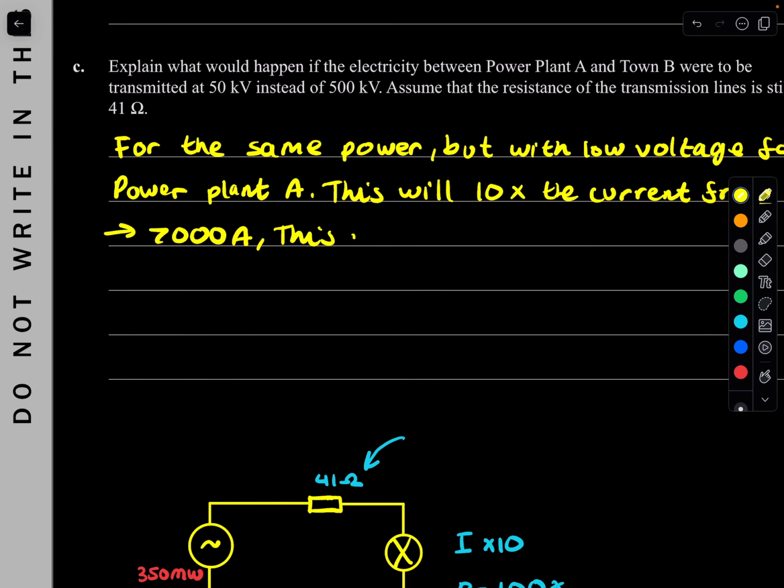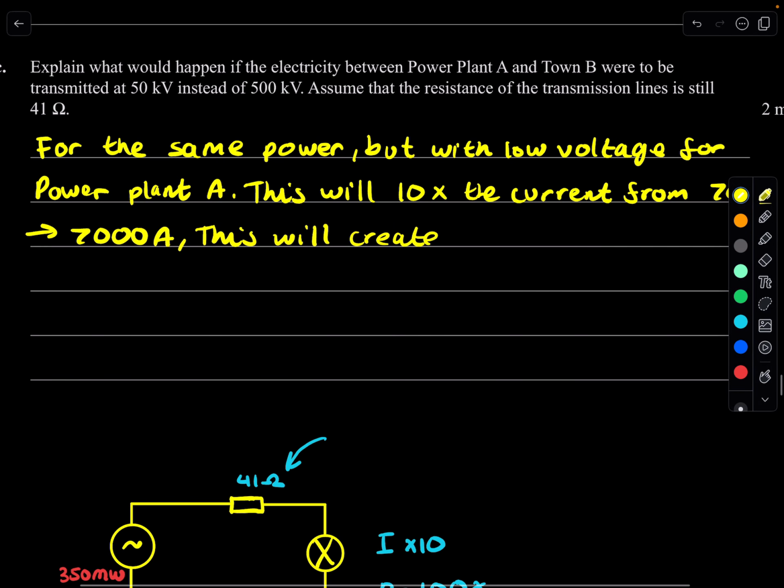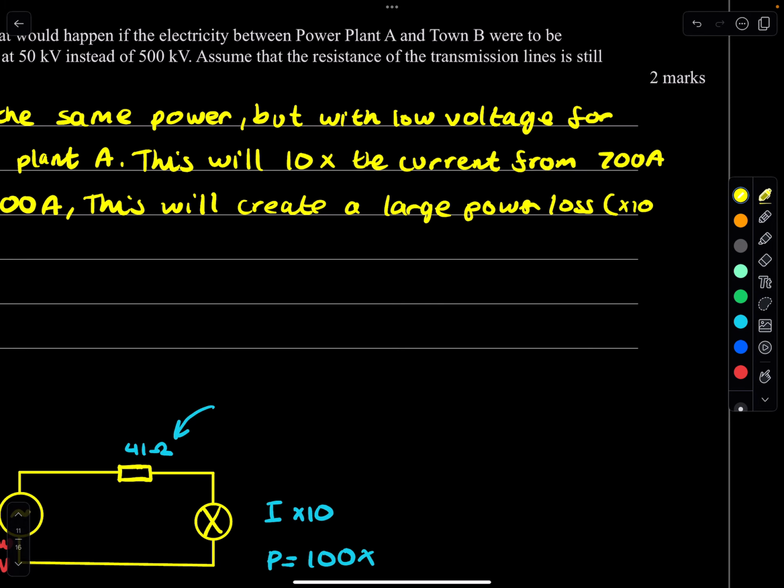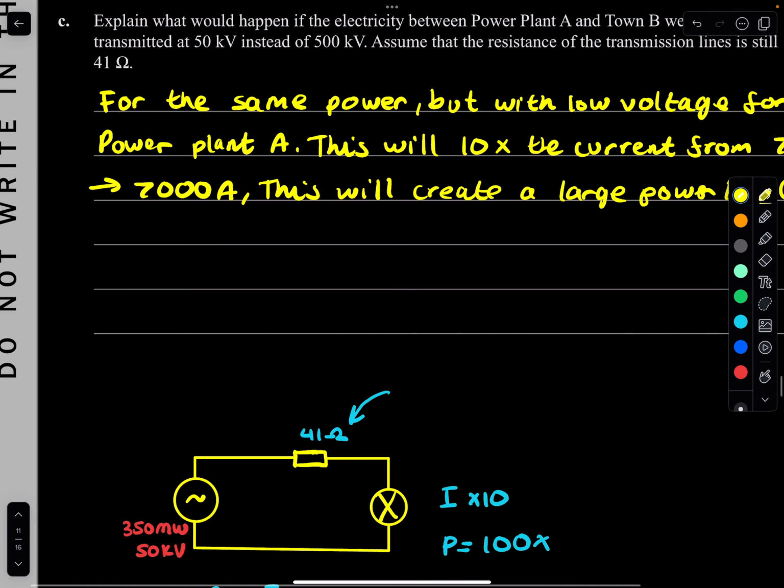This will create a large power loss, basically times by 100 in the transmission lines.